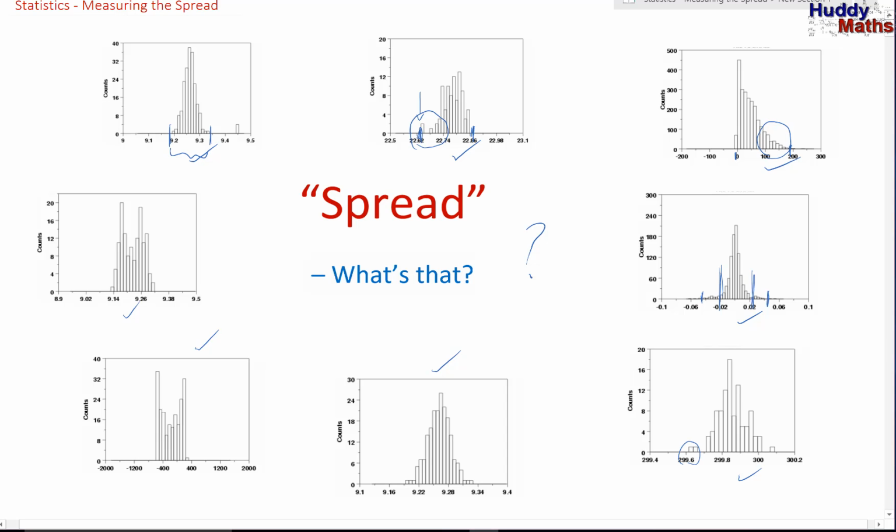Here we have possible outliers, and again the range of data could be a bit of a problem in indicating what's really going on there, and so on. So I want you to formulate in your own mind as we go around the screen there, perhaps what might be a better measure of spread than just the highest minus the lowest. All right, so start thinking and let's have a look.